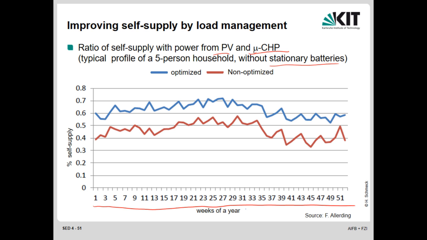So we ran the system just based on a typical profile, and for that got the red curve. So meaning that we had 40%, or almost 60% at the peak, self-supply from the rooftop. Now, if we just modified the use of appliances in the house and the use of the micro combined heat and power plant, then we could improve that quite significantly from 40% self-supply to 60% self-supply. So this is quite a significant increase.